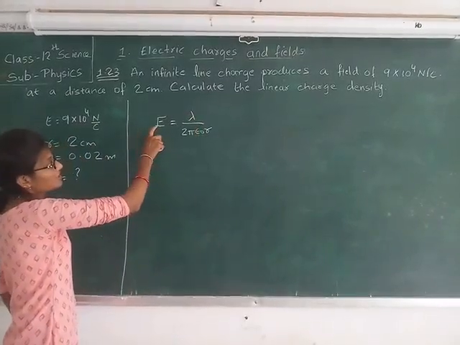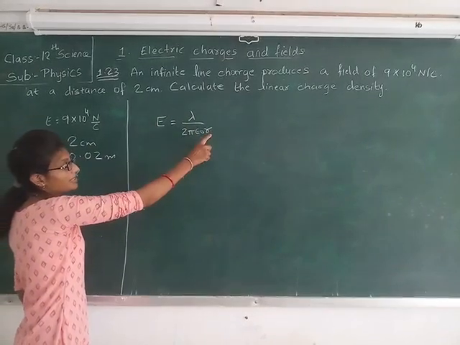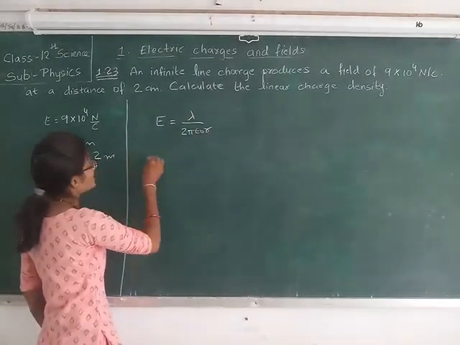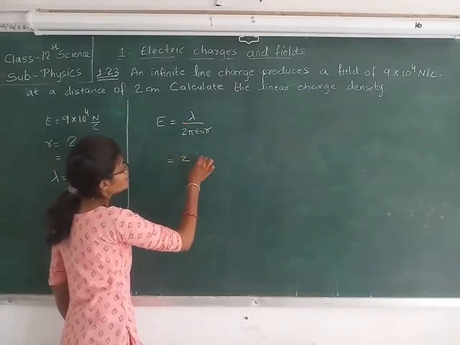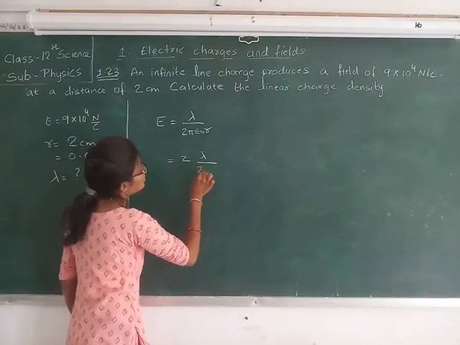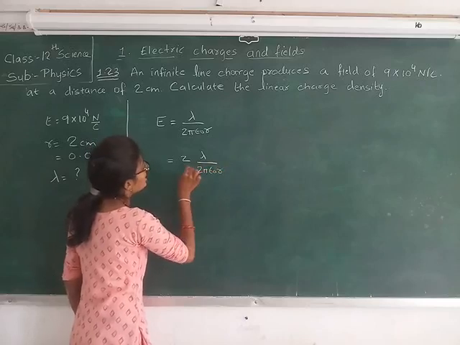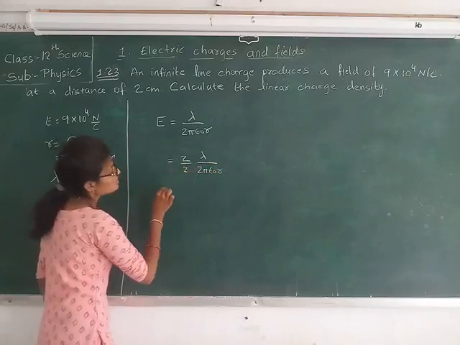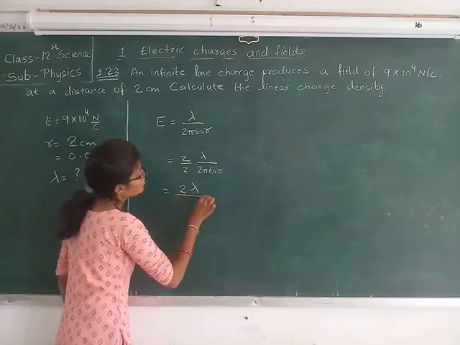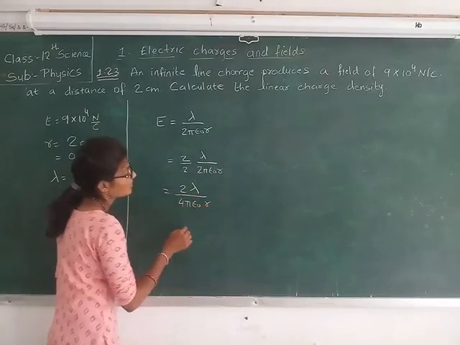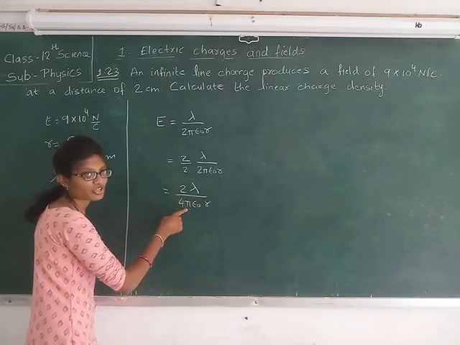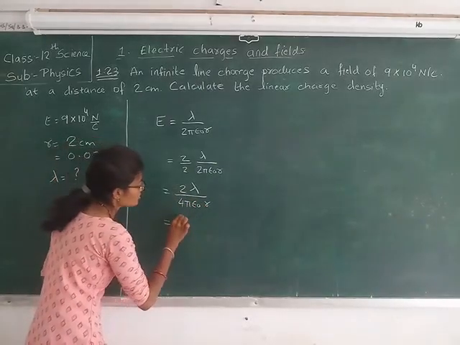Here we are given the electric field and the distance in the data. We will multiply and divide the equation by 2, so 2 pi epsilon 0 r by 2. This becomes 2 lambda upon 4 pi epsilon 0 r. And we know 1 upon 4 pi epsilon 0 is k, which is the Coulomb's constant.